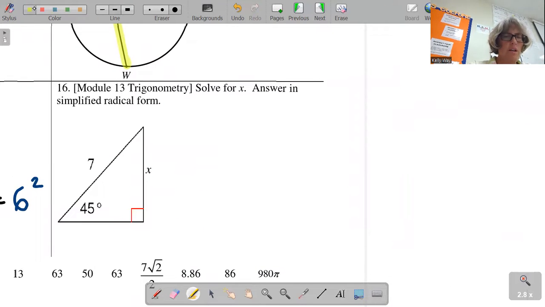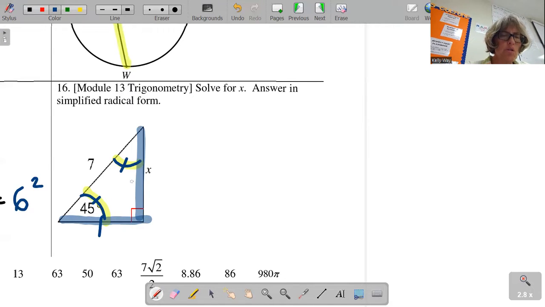We're using 45, 45, 90, leg, leg, root 2. In a 45, 45, 90 triangle, 2 equal angles means 2 equal legs. So the legs are equal.